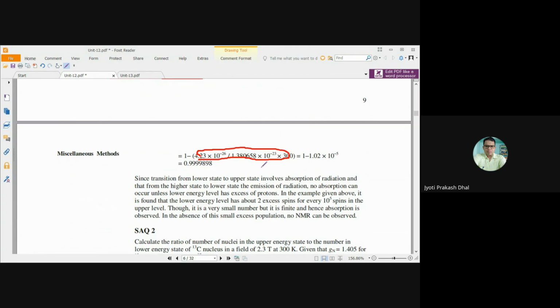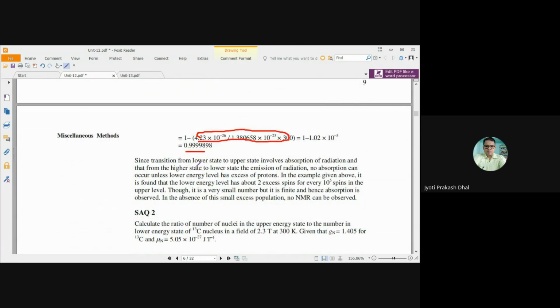So here the ratio will be 1 minus del E by kT, which is equal to 0.9999898.